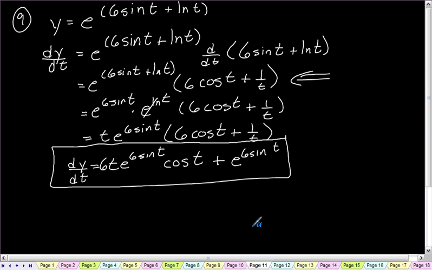Well, there is one other thing we can do. I noticed that both of these have one thing in common. This e to the 6 sine t.